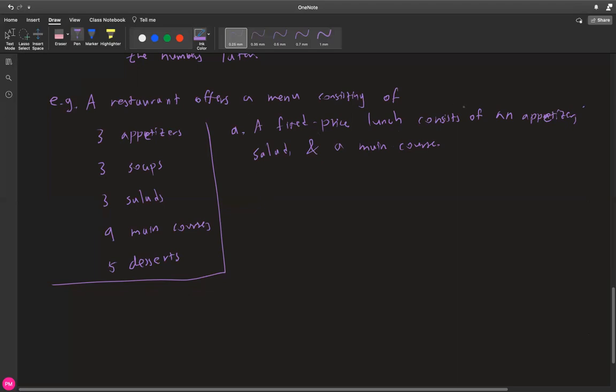In this case, we have to choose one appetizer, one salad, and a main course. For appetizer, we have 3 different choices in the menu, and for salad, we have 3 as well, and for the main course, we have 9. Then simply by multiplication rule, we should be able to conclude that it's 81 different ways.